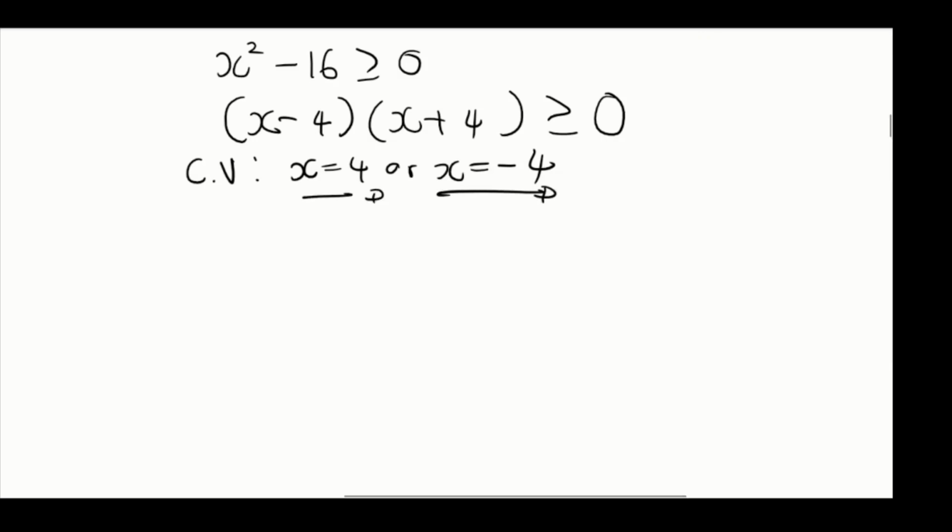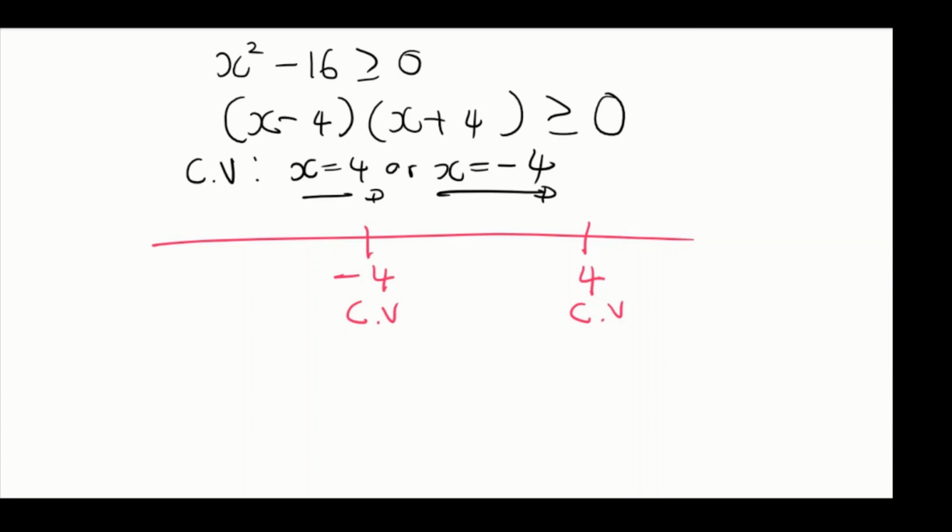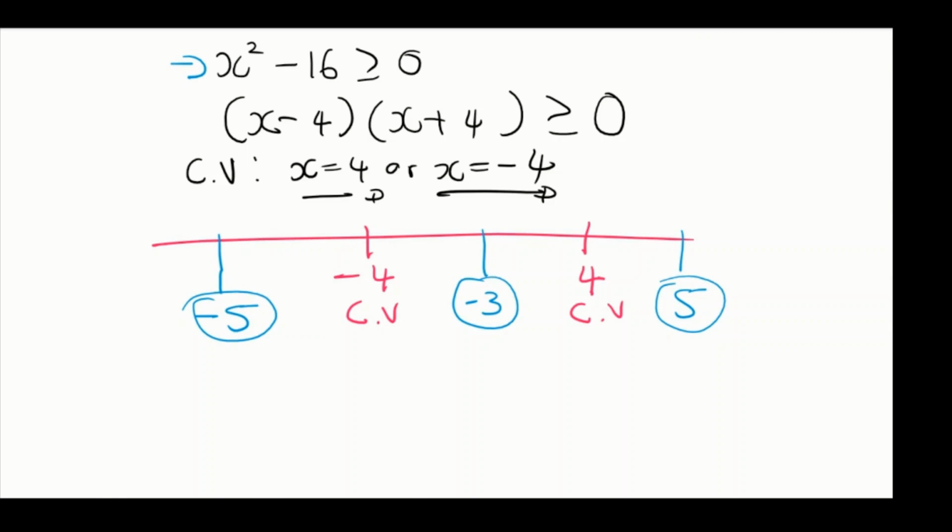So what you're going to do is go to your number line and represent your critical values. You have minus 4 as your critical value, and you have 4 as your critical value. Then you test values before your critical value, let's say minus 5, between the critical values, let's say minus 3, and after the critical value, let's say 5. You test these values by putting them into your original equation.